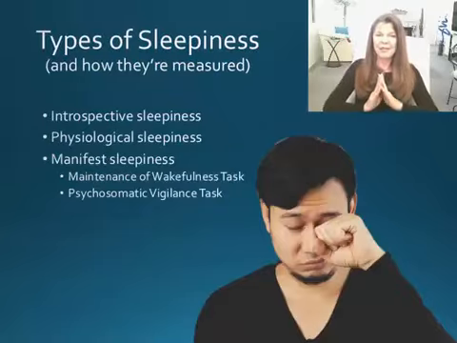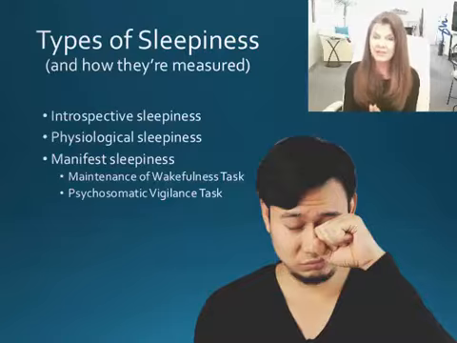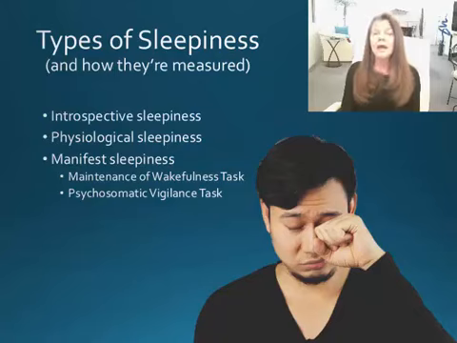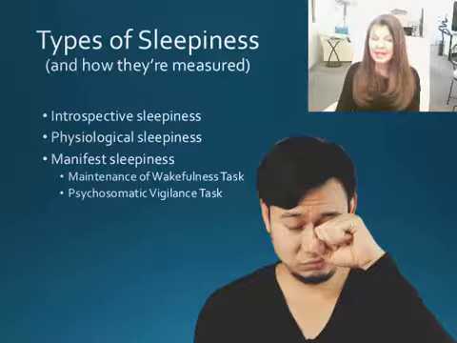Now, the third type of sleepiness is manifest sleepiness. The behavioral component of sleepiness, and also a relatively objective one. One way to measure manifest sleepiness is the maintenance of wakefulness task.